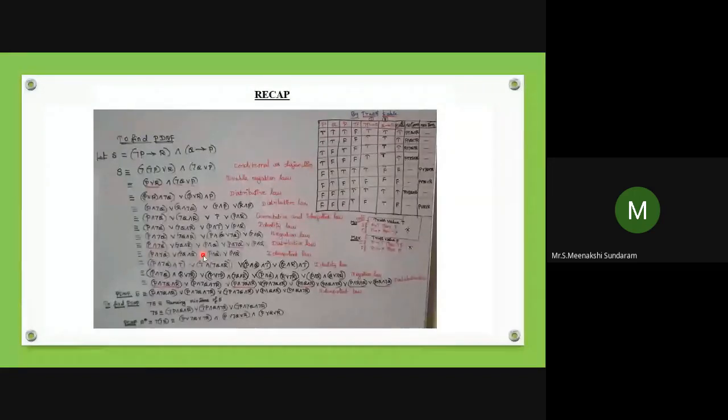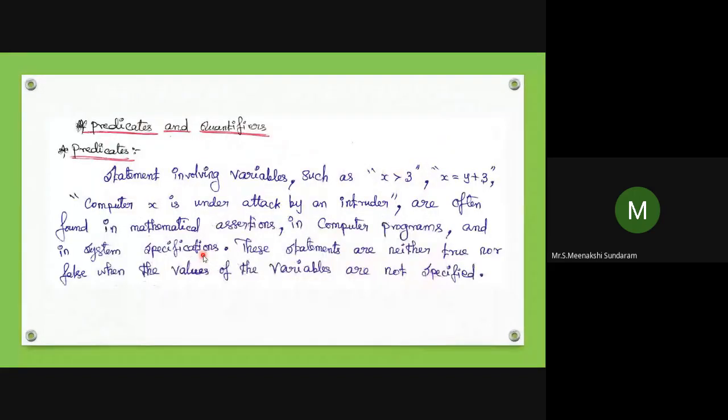Okay, next we move on to the next topic, predicates and quantifiers. Till now, a proposition is a fixed value. A proposition is a fixed statement, a declarative sentence that is either true or false. In predicates, a variable now comes in, an unknown value.